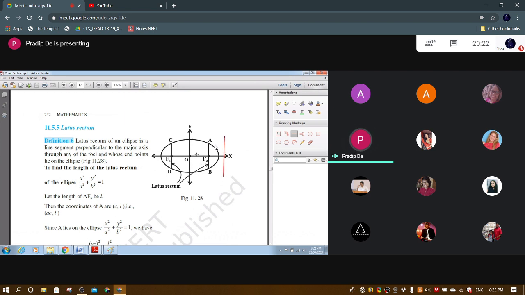Then distance from center to directrix will be A by E. A upon E. This is the distance from center to the directrix. So remember these three. Center to focus AE.